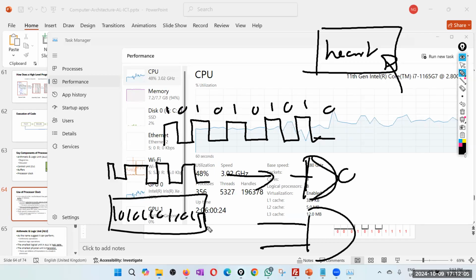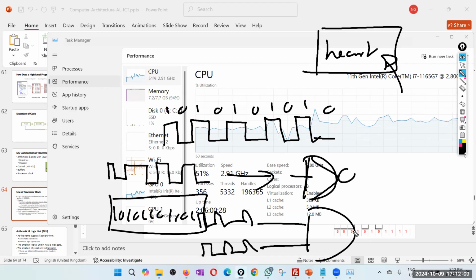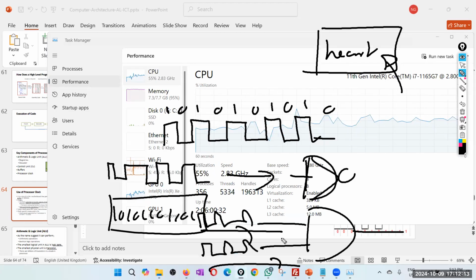Say this is one particular set of data. This is another particular set of data. So these data must go through gates, then get processed according to AND logic, OR logic, NOT logic, and so on. So in order to send these data, first of all, you need to generate a binary signal like this that can be generated using the signal generated by the clock.